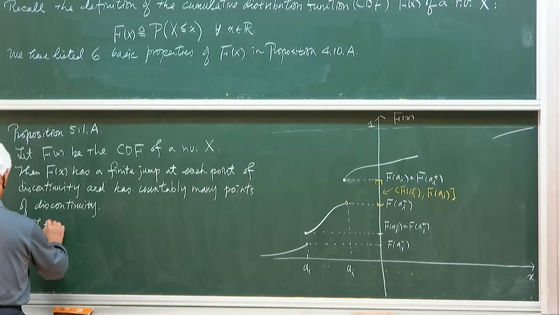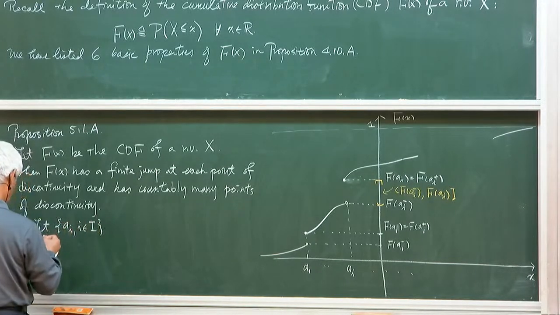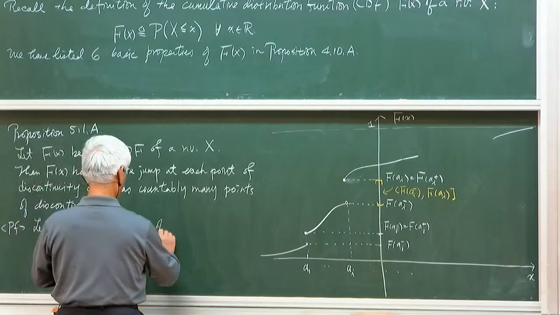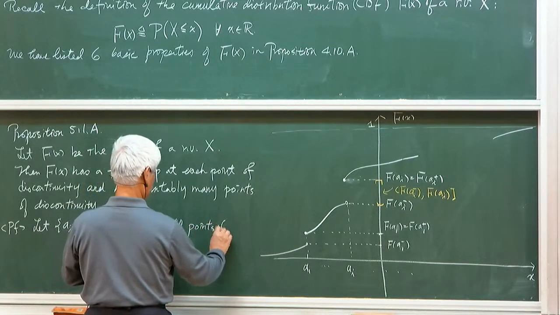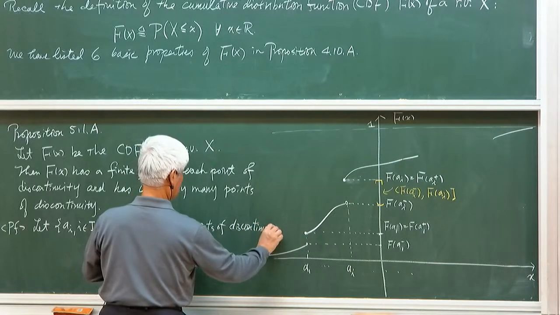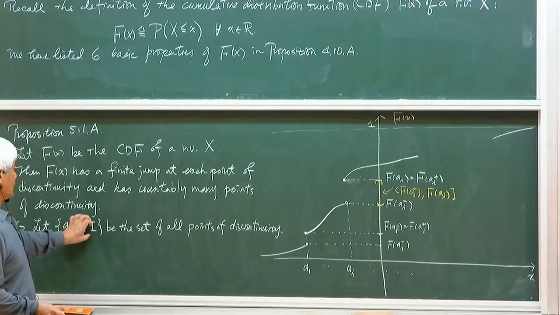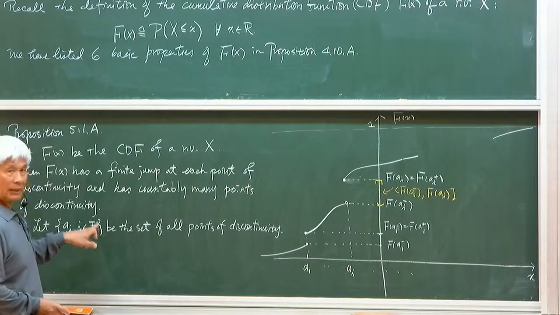We let a_i, i in the index set I, be the set of all points of discontinuity. One of the conclusions in proposition 5.1.a is that the index set I should be countable. So we want to show that I is a countable set.